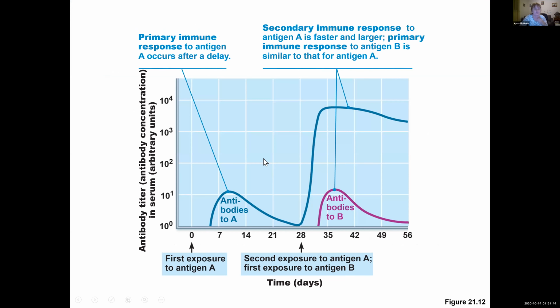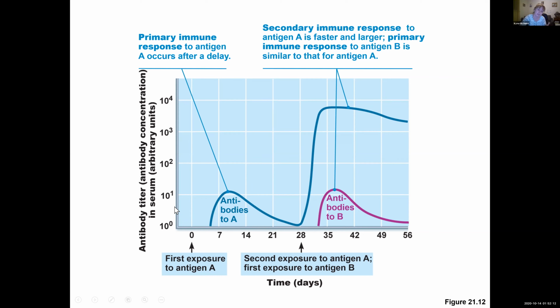On this graph, you can see how they compare the primary and secondary immune response, and what's shown in blue is the same pathogen, the same virus or same bacteria. When you are introduced to this infection for the first time, you can see it takes almost a week for your body to start synthesizing antibodies.